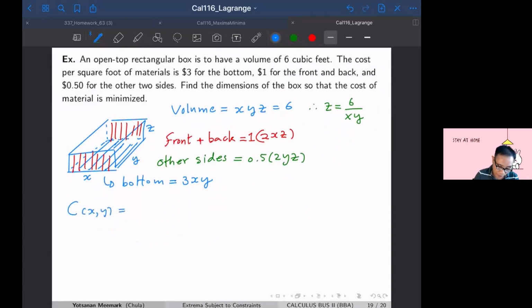The cost function turns out to be the sum of the red guy, which is 2xz, and yz, and 3xy. So it's x times 6 over xy plus y times 6 over xy, and you have 3xy.